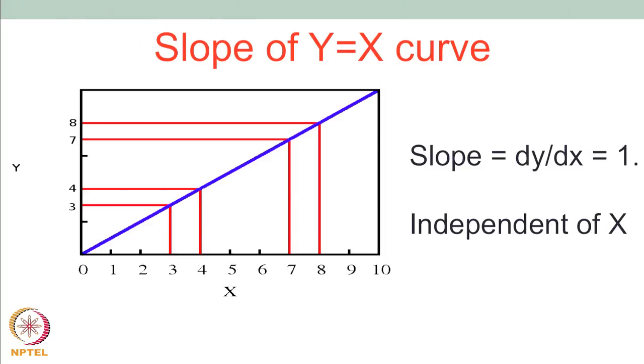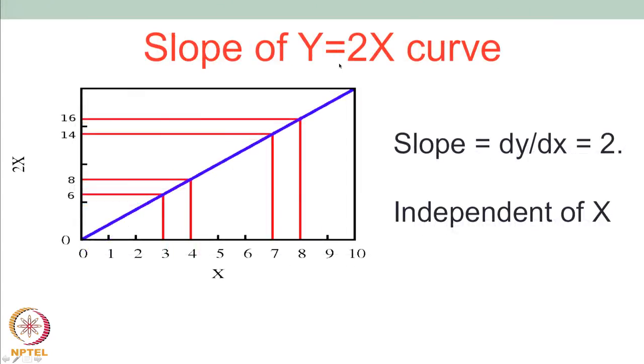So this is the function that we want to consider now, which is y is equal to 2x. If you look at y is equal to 2x, when x is 3, y is 6. When x is 4, y is 8. So if I just take dx and dy, 4 minus 3 is 1, 8 minus 6 is 2.